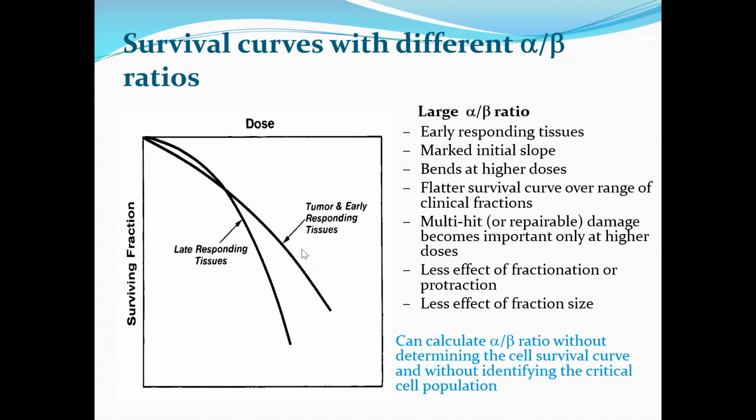Here, the direct damage is greater, which is proportional to the dose, so it is following a straight line. And here, it is bending. So at higher doses, you will see more effects. Samjha? Yes, sir. Okay.